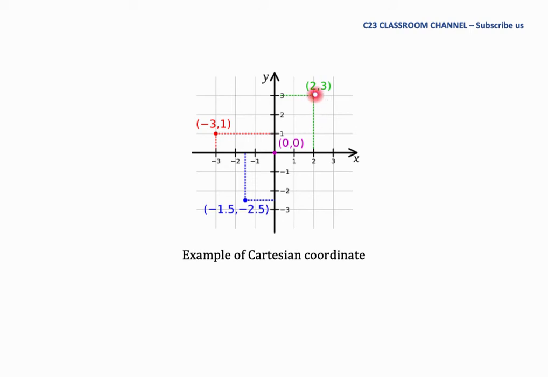So we must write it as x and y. If we have another point here, we write this point as (-3, 1) because it is located at -3 on the x-axis and positive 1 on the y-axis. I hope you can write this very well because I think you're already familiar with the Cartesian coordinates.